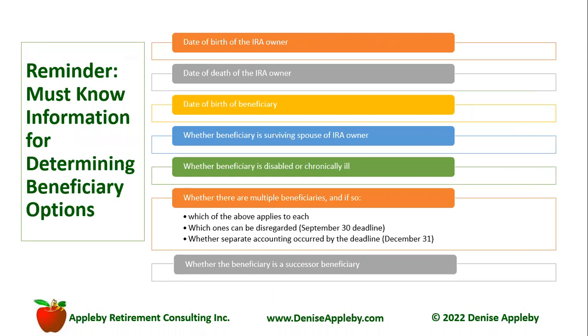I get a lot of RMD questions for beneficiaries, and usually it's as simple as owner died on this date. What are the beneficiary options? If a client is asking you about distribution options for a beneficiary, this is the list of information that you need. You don't need to write this down. I'm going to send you a copy of my slides, right?